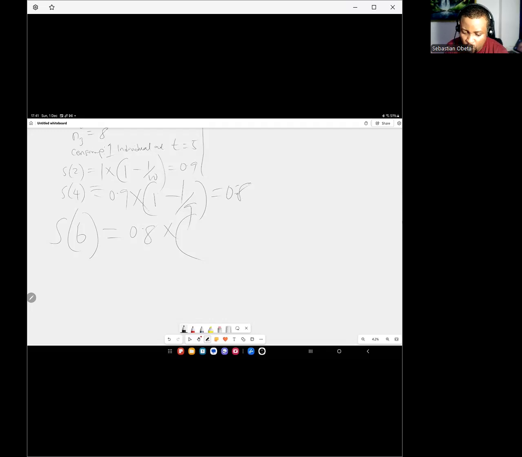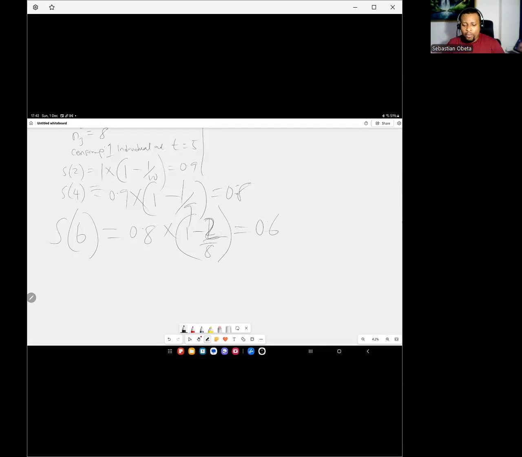So this is going to be 1 minus, because the number of events we are looking at here, D3, is 2, 2 divided by 8, which will give us 0.6.